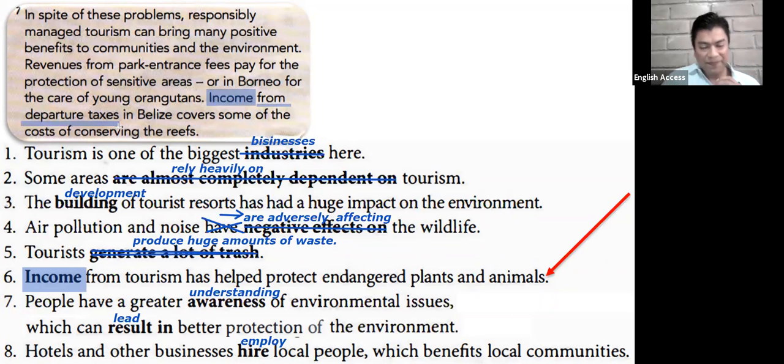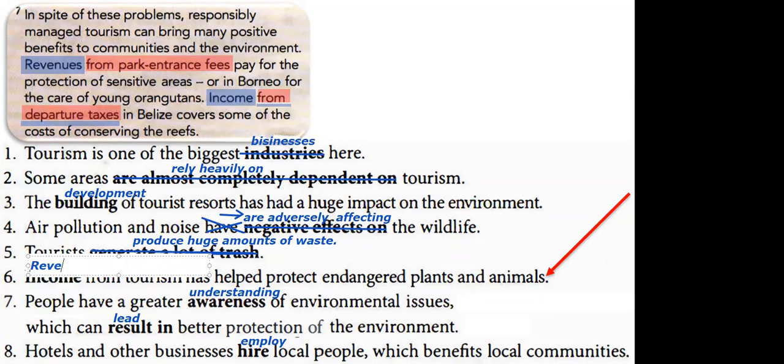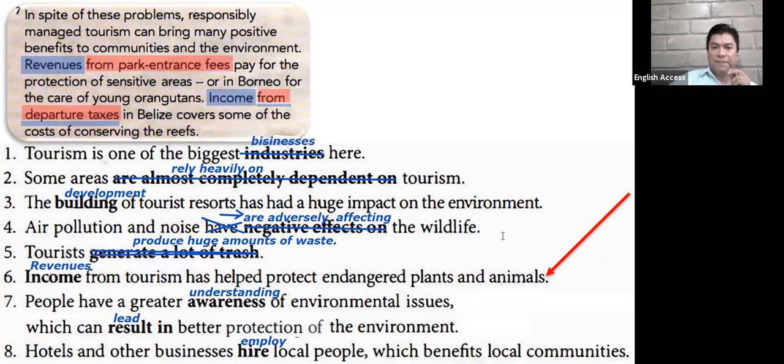Do you remember? I suppose you don't. That would be revenues. On the first example, here on income, you have from departure taxes. And on the first word, revenues would be from park entrance fees. So the word is revenues. Right there, okay?